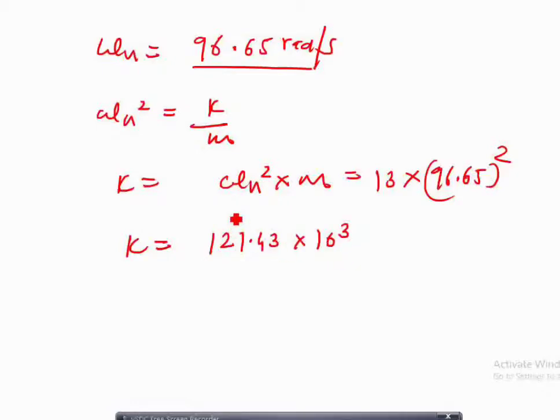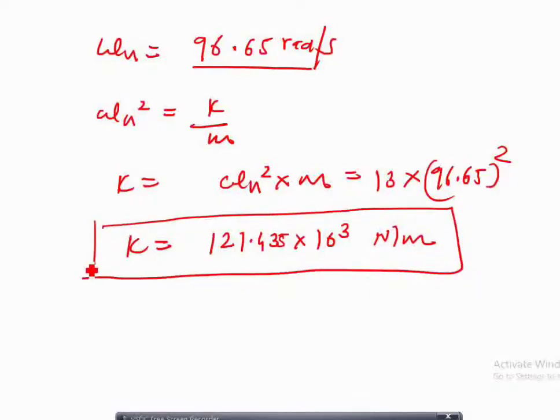So let us calculate this. If you put it into the calculator, 13 into 96.65 bracket square, we are getting the answer as 121.435 into 10 raised to 3 Newton per meter.